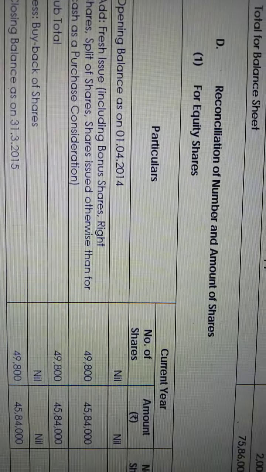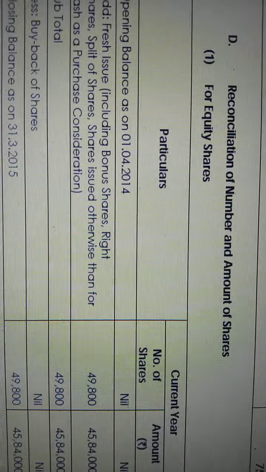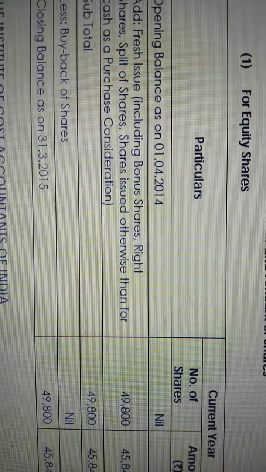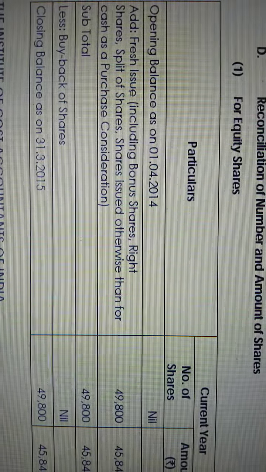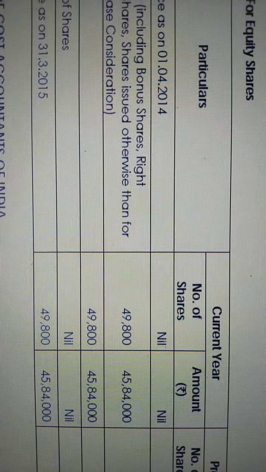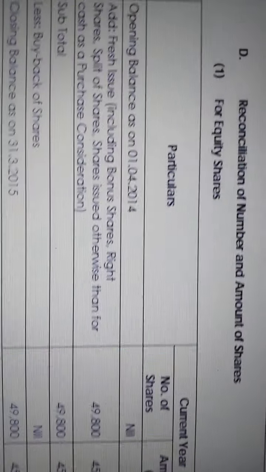Now you see the reconciliation. Opening balance 0. Why opening balance 0? Because this is a newly started company. And fresh issue means whatever amount is raised: 49,800 equity shares. This is for equity shares alone.